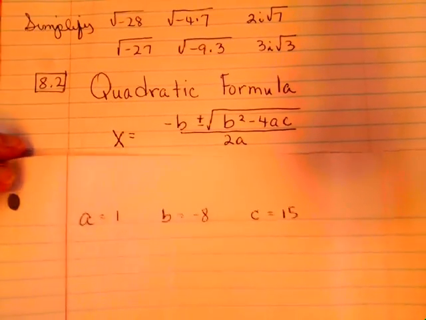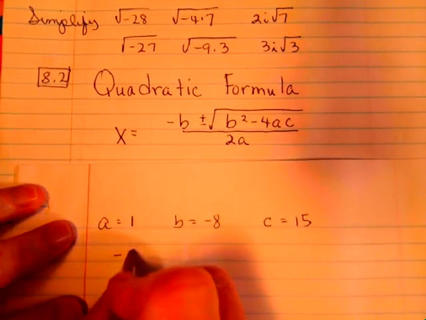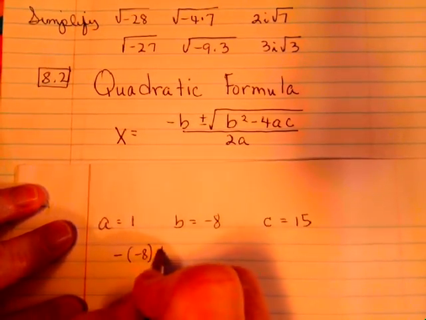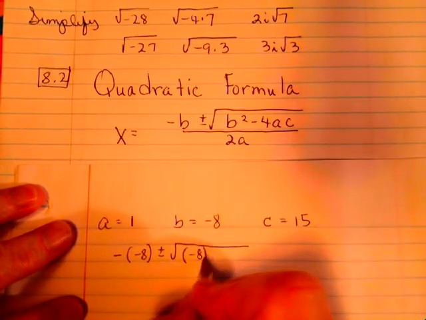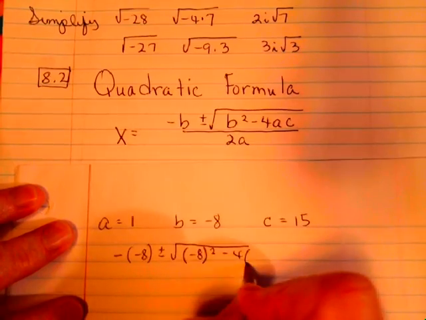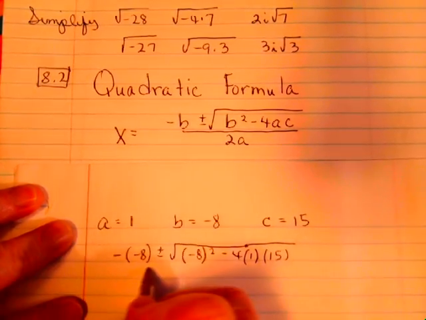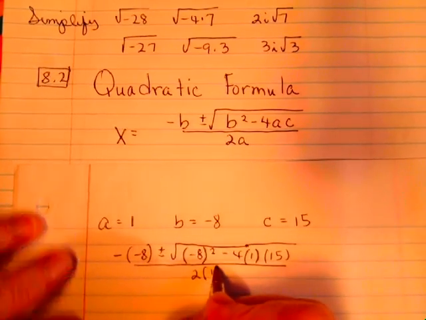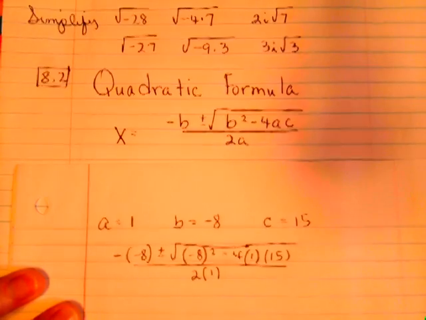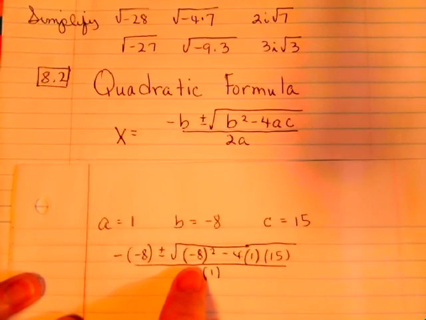Substituting those values into the quadratic formula, we have the opposite of negative 8 plus or minus the square root of negative 8 squared minus 4 times 1 times 15 all over 2 times 1. Be sure that when you enter that in your calculator, you put parentheses around that negative 8.